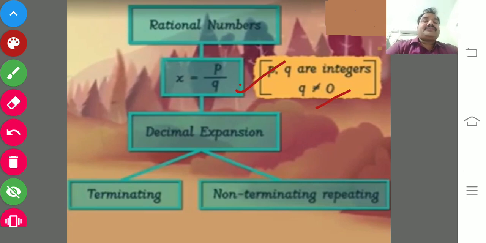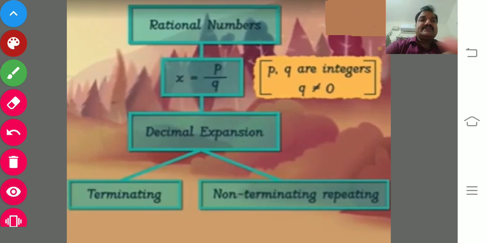Since rational numbers are in the form p by q, we can easily change them into decimal expansions. In decimal expansions, we have two kinds: the first is terminating, the second is non-terminating repeating. You will know the differences and how to execute them in the coming slides.